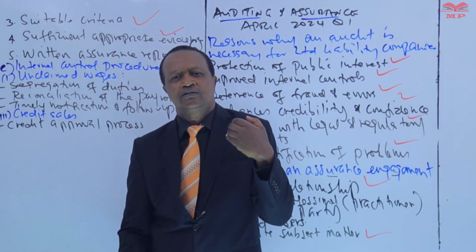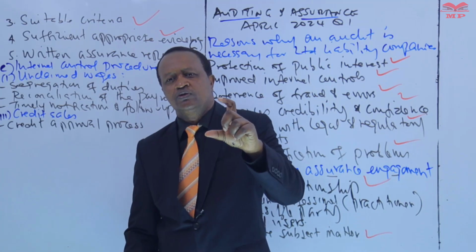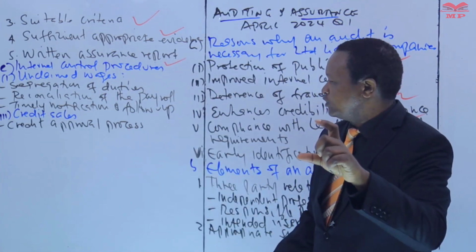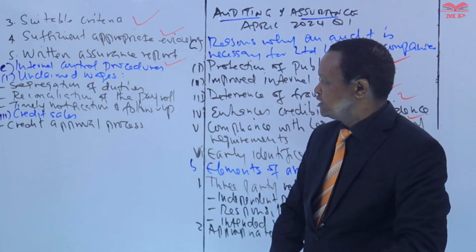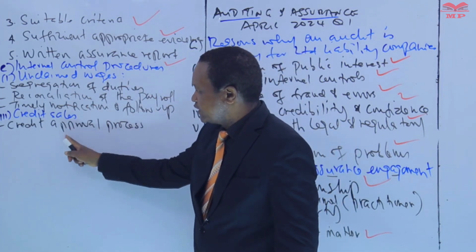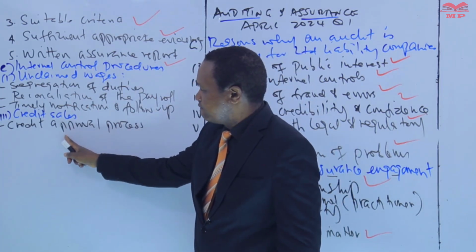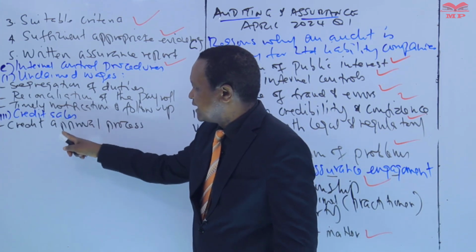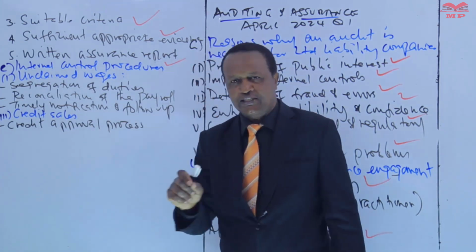Okay? So, to come back to the internal control procedures, one key internal control procedure in relation to credit sales is the credit approval process.